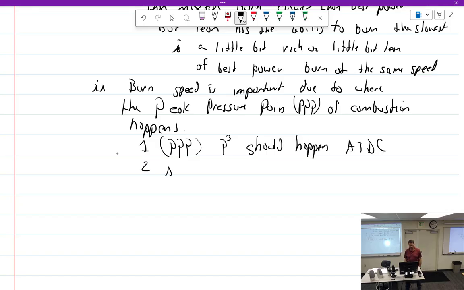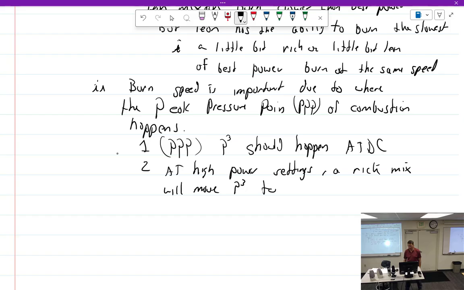So at high power settings, a rich mixture will move the P3 to after top dead center.